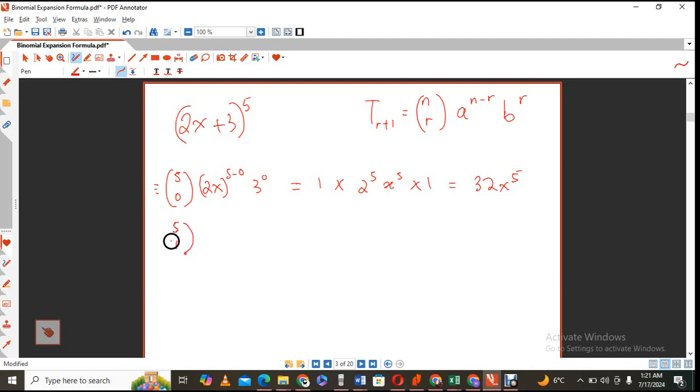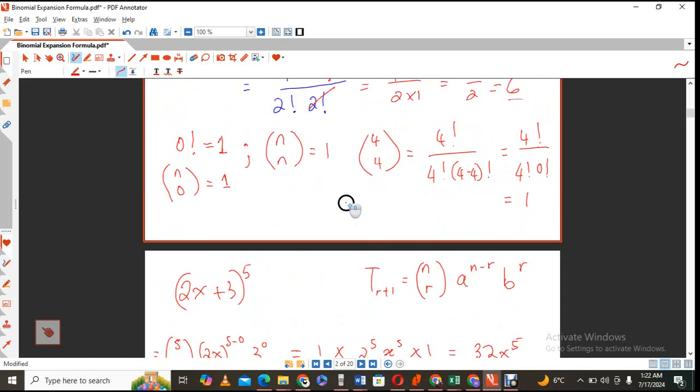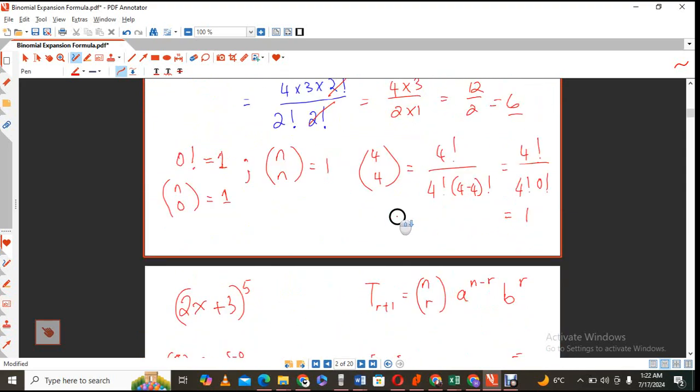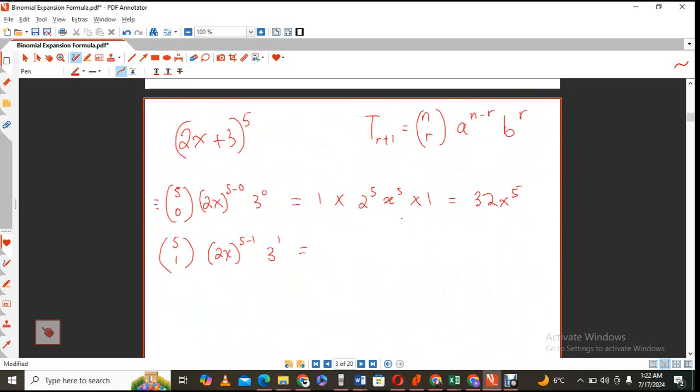5 choose 1. Then my a is 2x, now raised to 5 minus 1, and this 3 is going to gain 1. Again, what is 5 choose 1? We know from the previous work that if you have 4 choose 1, the answer is 4. So 5 choose 1 is nothing but 5.